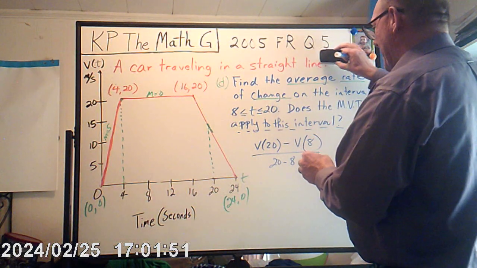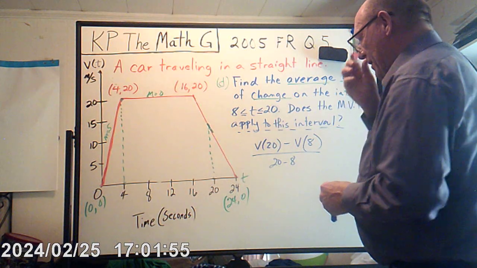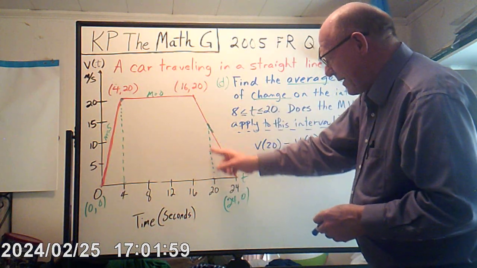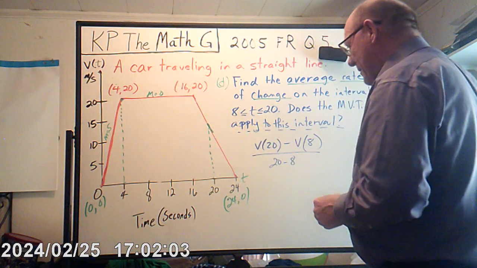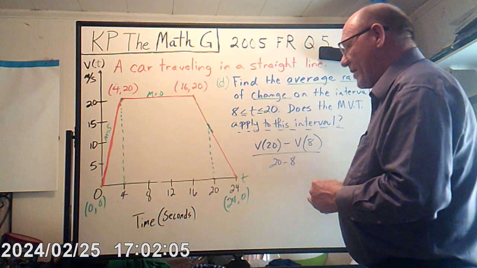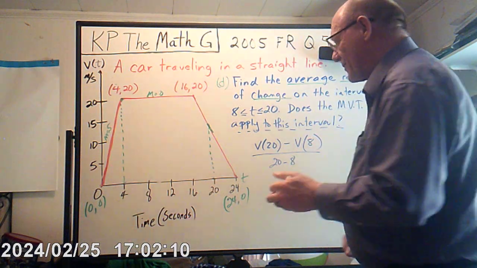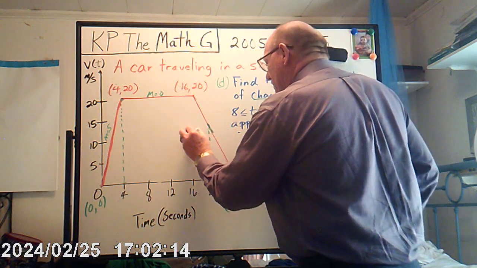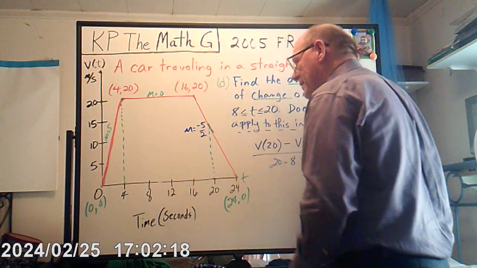Now we need to find out what v at 20 is. Here's 20 right here, and it comes up to this slope right here. And we found from the last video that slope m is equal to negative 5 over 2.